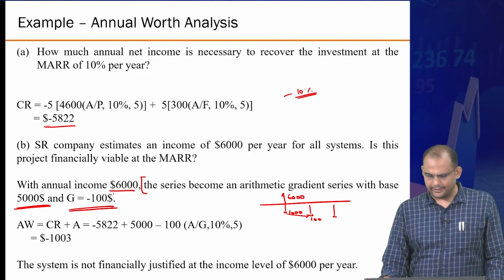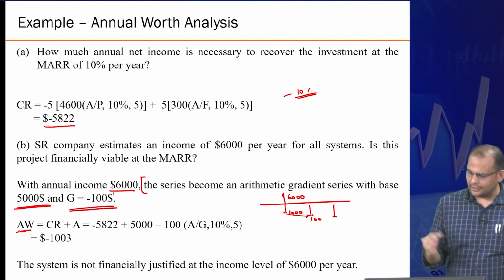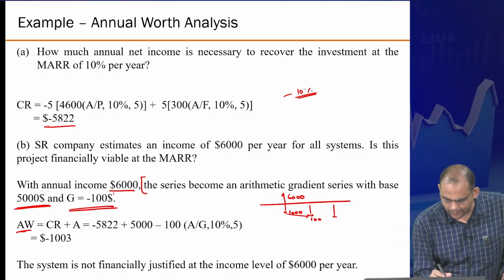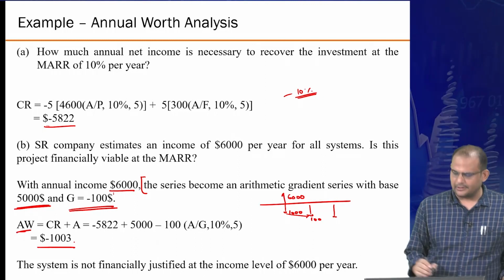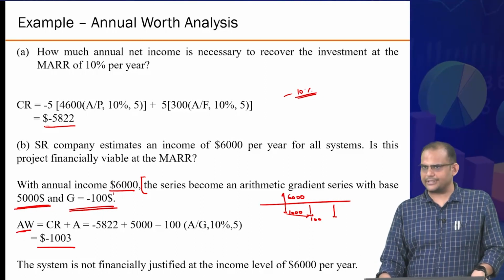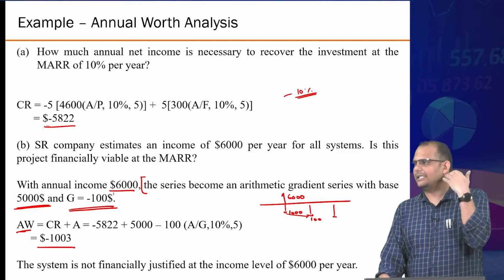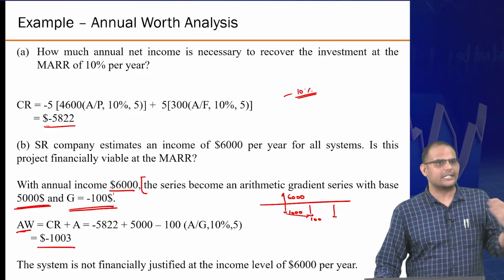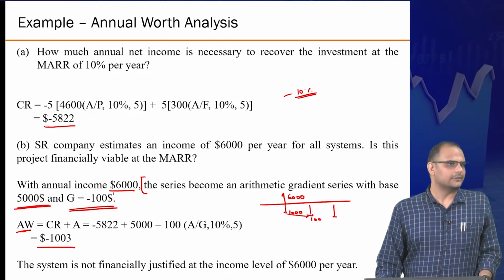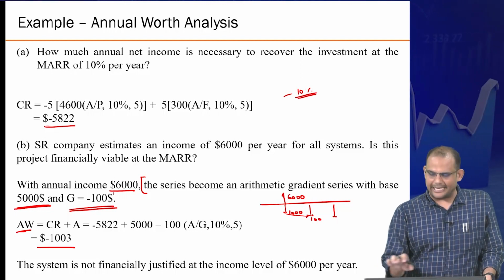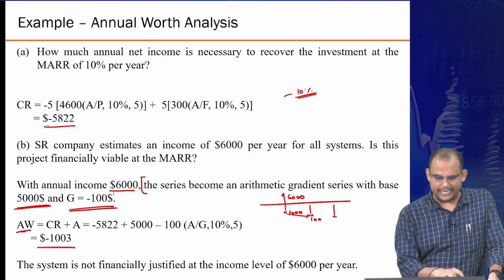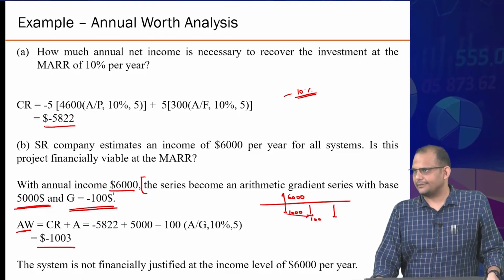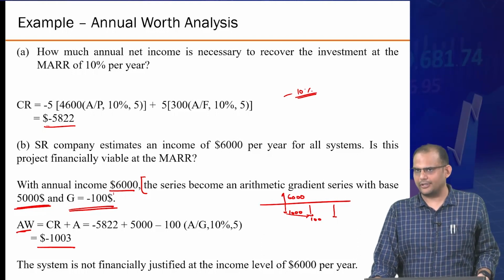This is clear. So now your annual worth of this particular investment at the 6,000 income would come out to be minus $1,000. So even at $6,000 income, you are not generating profit in this business, because after combining everything, your net annual worth is coming out negative. Making sense? Is this analysis making sense or not?